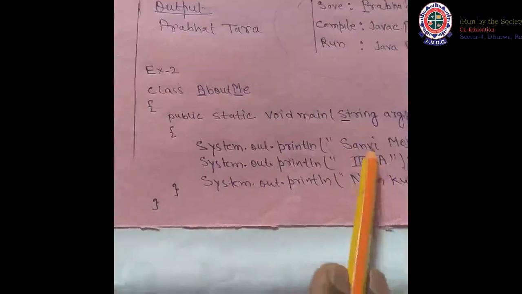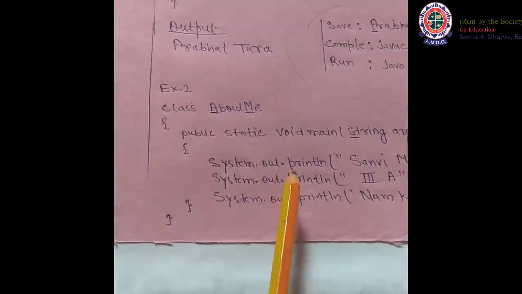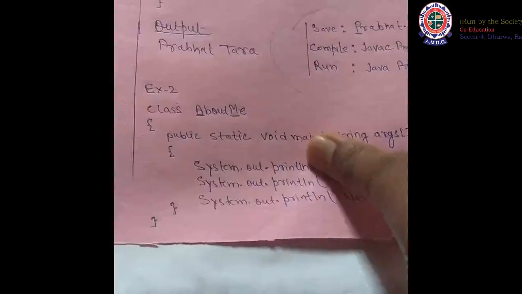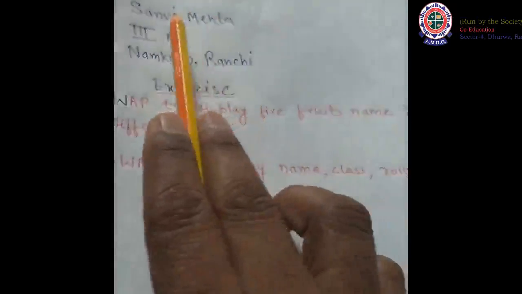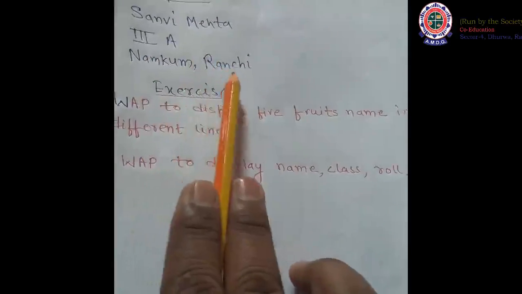So this is the program. This is how we can make a Java program. Now we have to see its output. What will be the output of this program? If you run this program, the output will be: Sanvi Mehta, 3A, Namkum, Ranchi.